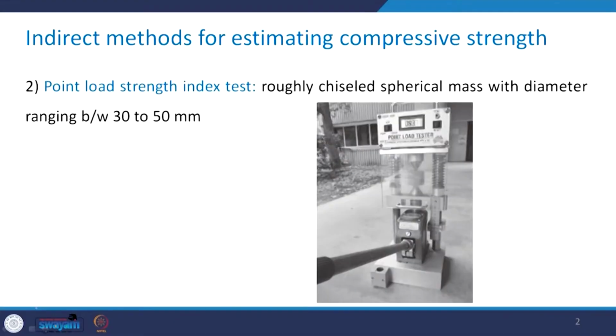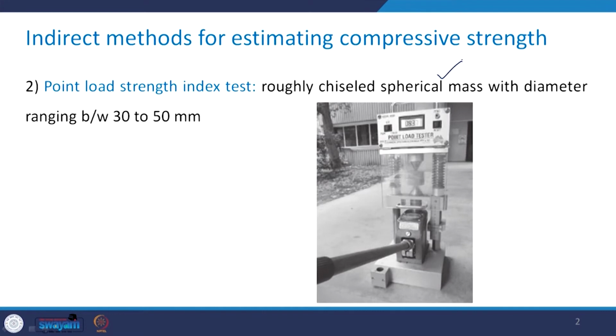Now, the next method, which is more commonly adopted to determine the compressive strength, is called the point load strength index test. In this case, we take roughly chiseled spherical mass with the diameter ranging between 30 to 50 mm. Please do not get confused that on one hand I say it is the irregular specimen, and right now I am saying it to be spherical mass.